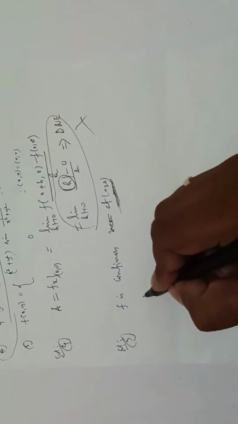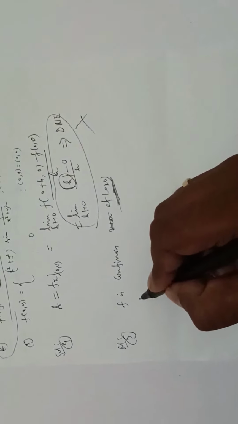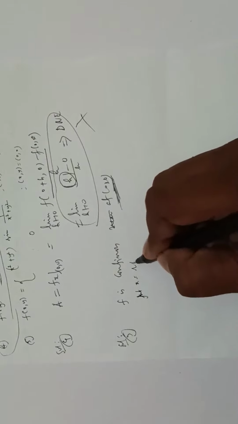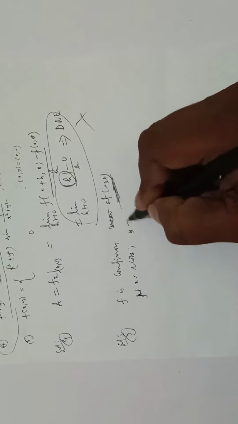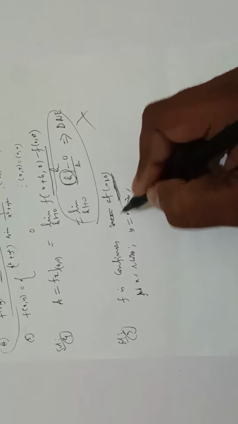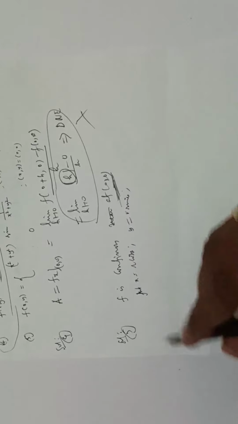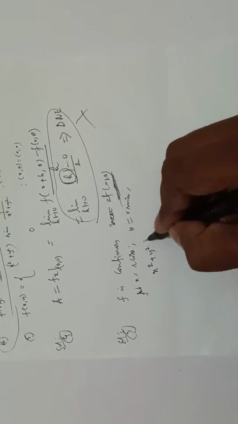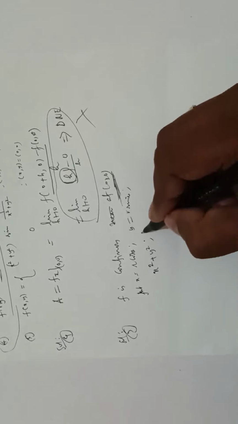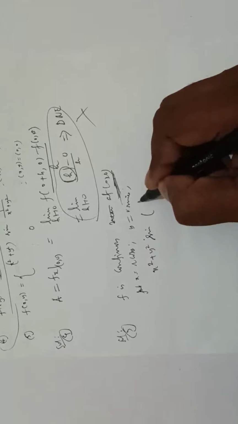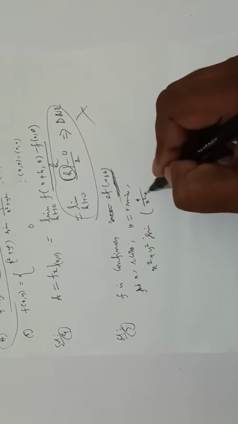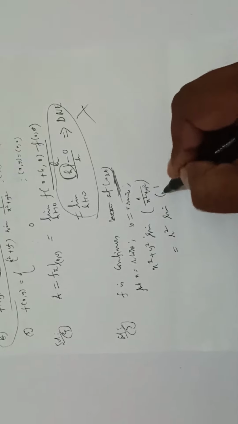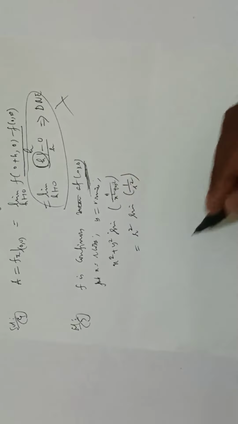Now, as usual, since I have x square, y square, put x equals r cos theta and y equals r sin theta. So you will have x square plus y square into sin of 1 by x square plus y square, which is r square into sin of 1 by r square.